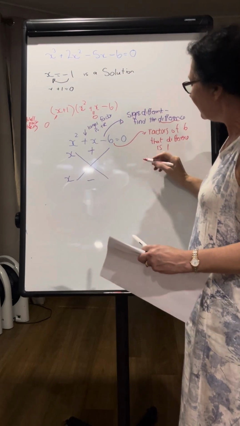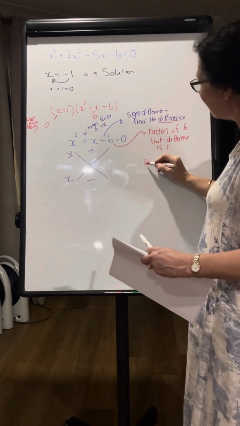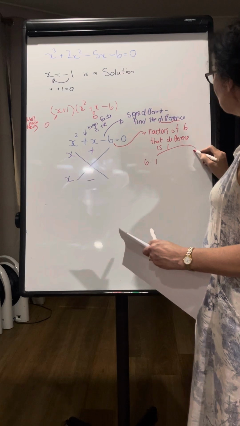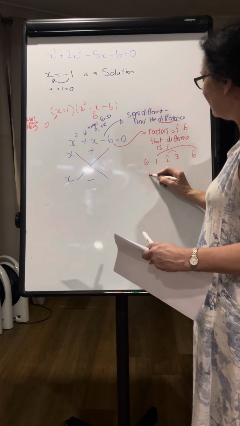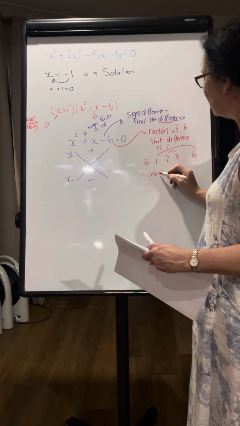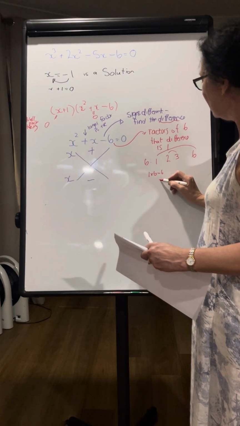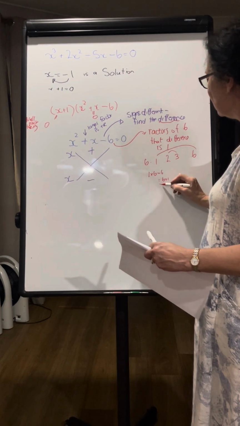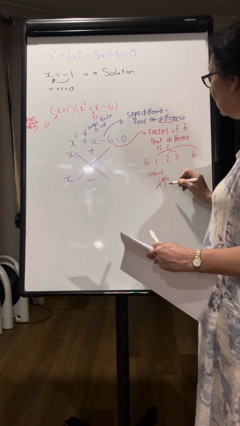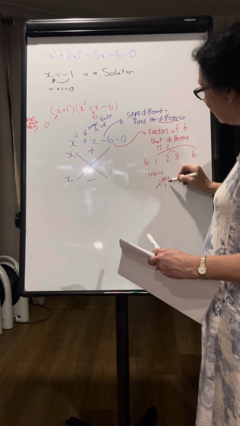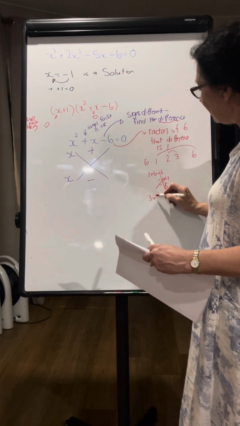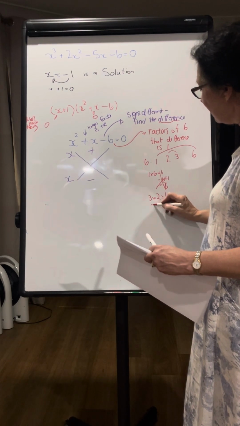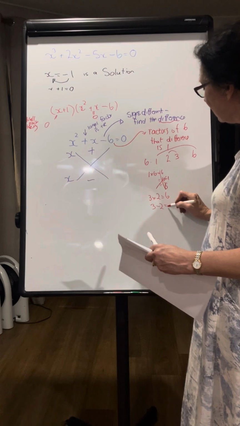Now if you don't know your factors, you go 6, it's the factor rainbow: 1 and 6, 2 and 3. So 1 times 6 equals 6, and then 6 plus 1 equals 7. Not that one. Oh, it's the difference. 6 minus 1 equals 5. Not that one. We've got 3 times 2 equals 6, and 3 take 2 equals 1.